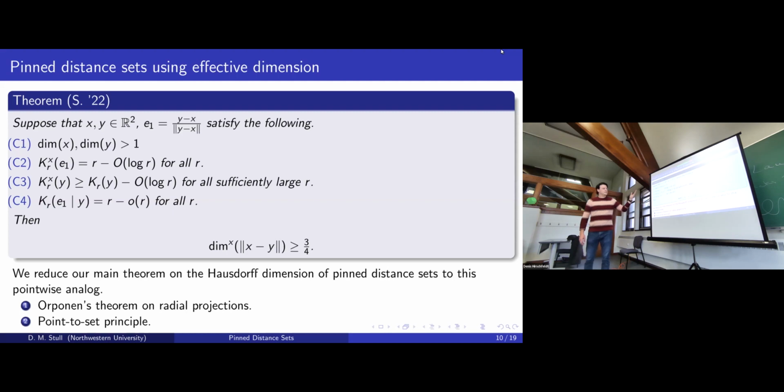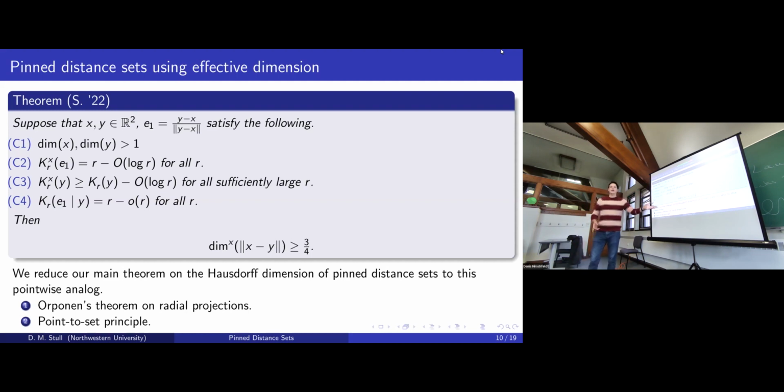In the first instances of using algorithmic techniques in the context of geometric measure theory, this reduction was very easy.